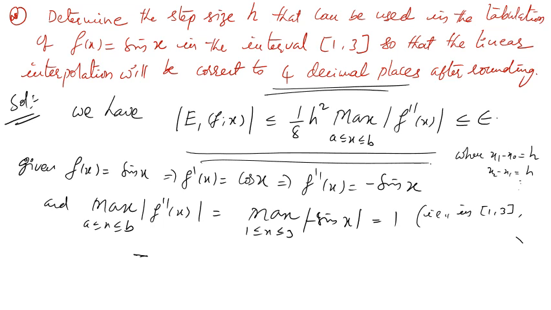What is the maximum value of sin x? Always 1. In the positive interval 1, 3, the maximum value is 1 here, right?